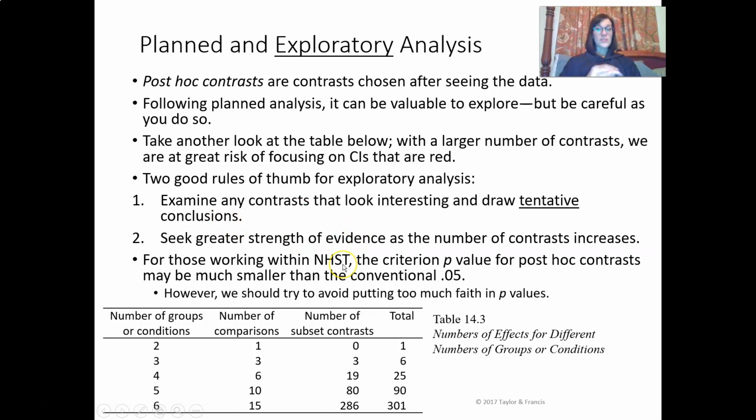If you're working within null hypothesis testing, that means your criterion p-value should be smaller than 0.05. But again, your textbook authors are not big believers in p-values, and given the dance of the p-values, even though I'm more inclined towards them, you should always approach them with a healthy dose of skepticism.